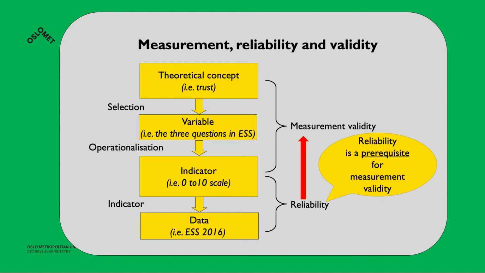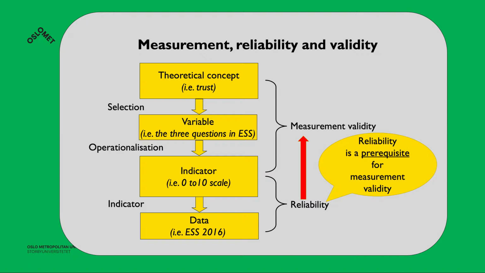And reliability is a question about when we use these indicators and go out and measure trust, are we really measuring the same thing all over the place and for all people? And if we are measuring different things for different people, our measures are not consistent, and it's unreliable. We're measuring different things for different people.